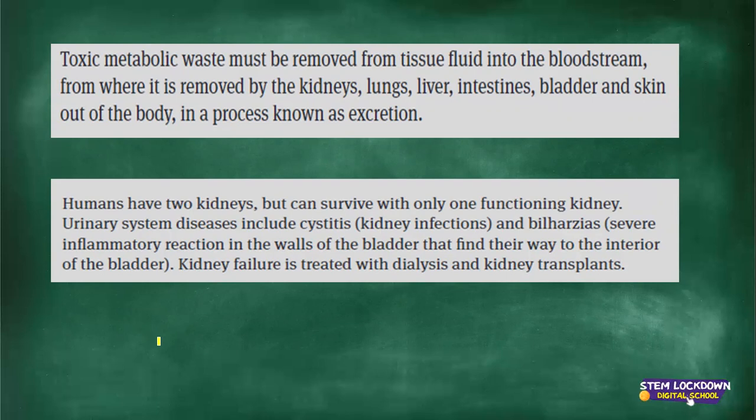So you can donate one to the person and then you survive. Even strangers, you know, some people do organ donation where they donate to strangers. So that can happen as well. You donate it because you can survive with only one.